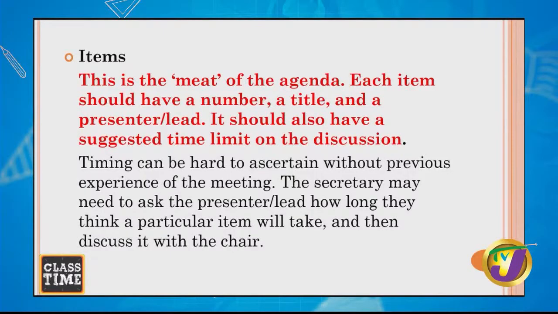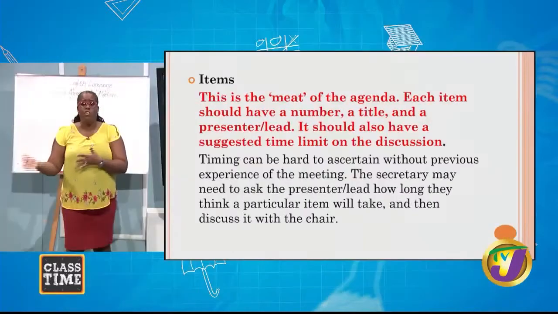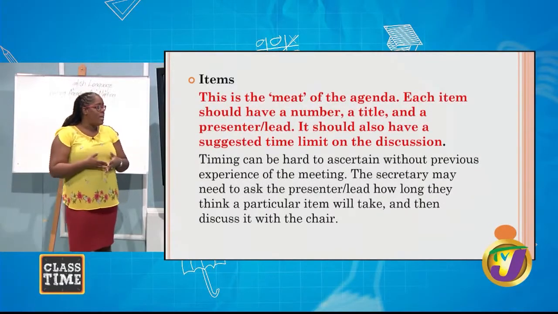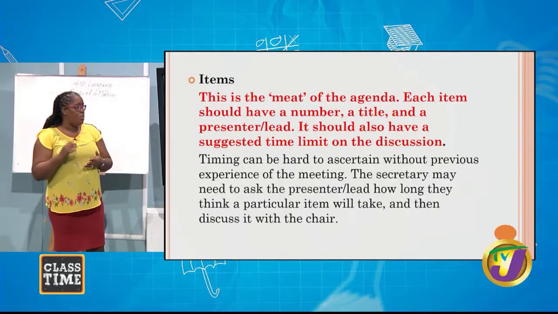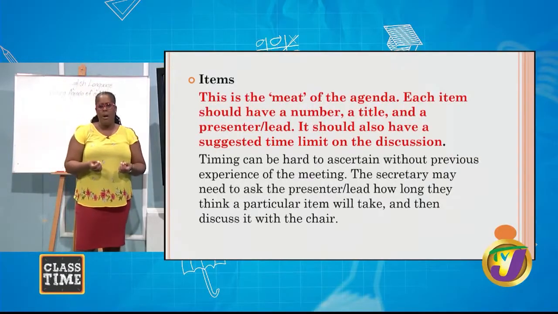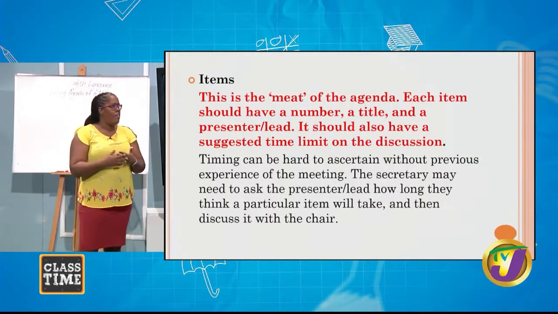Now this is what is happening, right? There is a clear structure of our meeting, and this is very, very important. Timing can be hard to ascertain without previous experience of the meeting. The secretary may need to ask the presenter or lead how long they think a particular item will take and then discuss it with the chair. All right? So these things are very, very important, right?